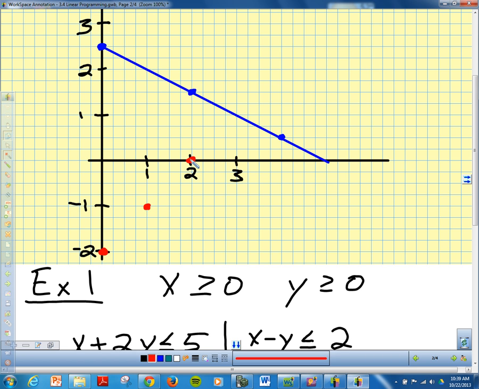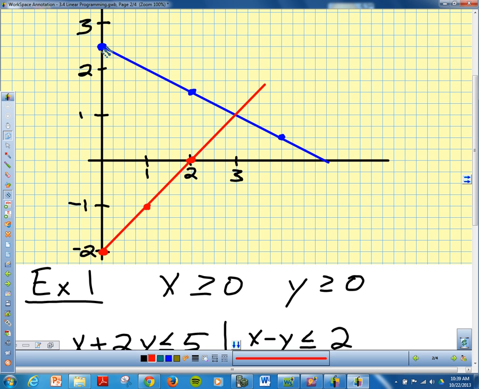And then we're going to graph that line. So this intersection right here is really important because that's going to be a corner of one of our feasible regions. That's going to be another corner, and this is going to be your third corner.